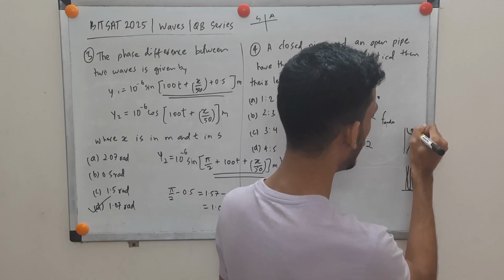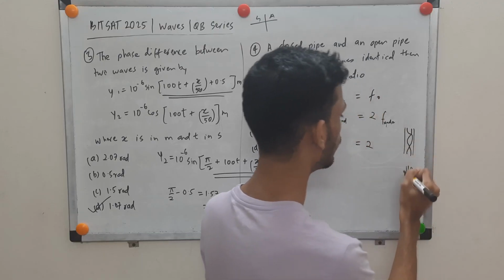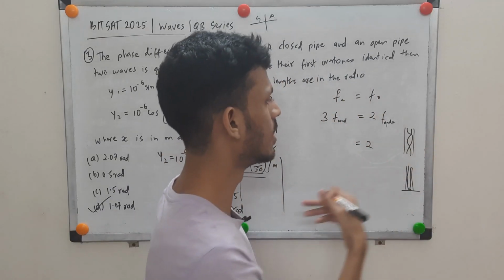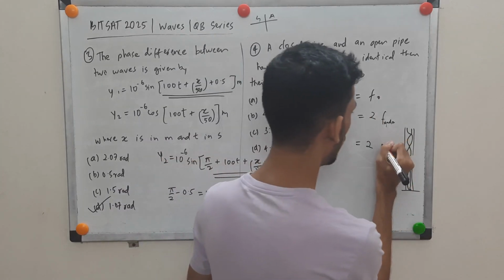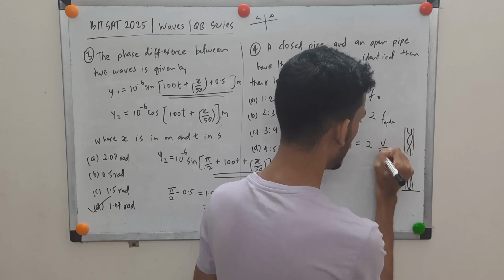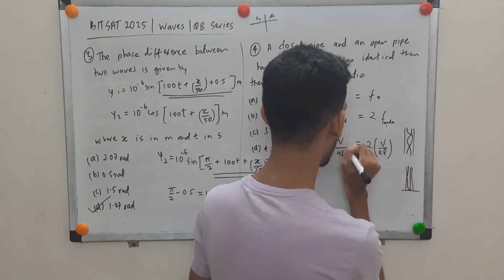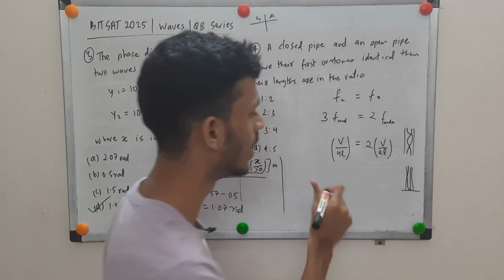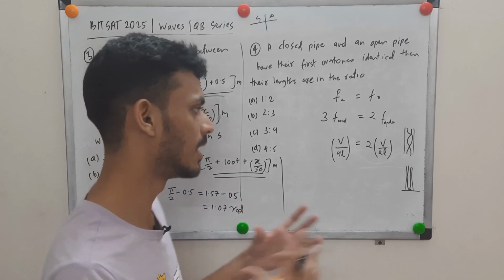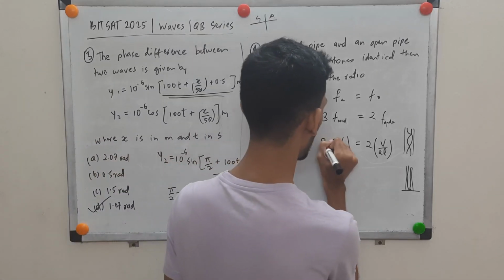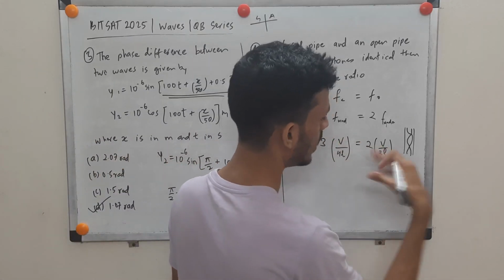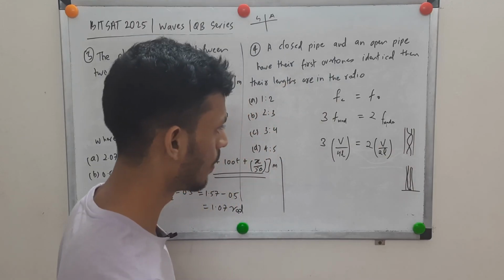So clearly you can see the frequency is more over here. So this is V by 2L, and this will be V by 4L. The closed pipe will have a smaller fundamental frequency than the open pipe. So closed is smaller, open is larger. That's how I remember it.